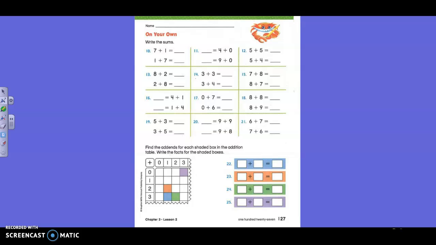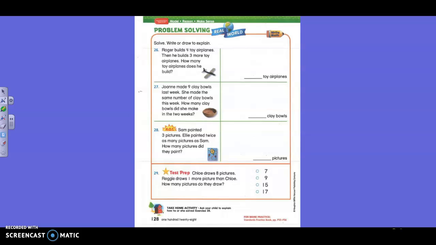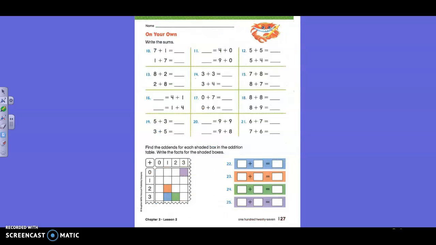I will probably show you how to do the bottom part, and then maybe we'll do the hot problem. But then you'll do everything else on your own. So for now, go ahead and start, and I will come back and we will look at the bottom part of on your own.